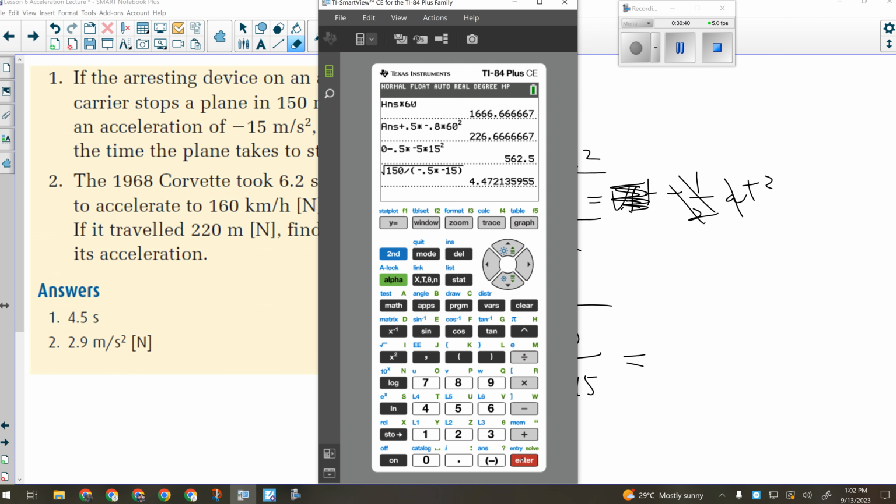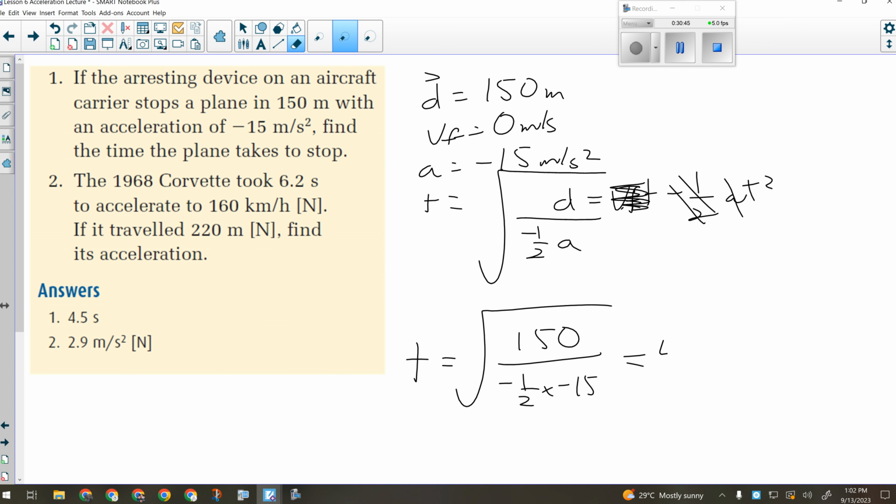So 4.5 seconds to two significant digits. Everybody all right with that? A little bit of manipulation, a little bit of algebra there, little details to keep in mind.